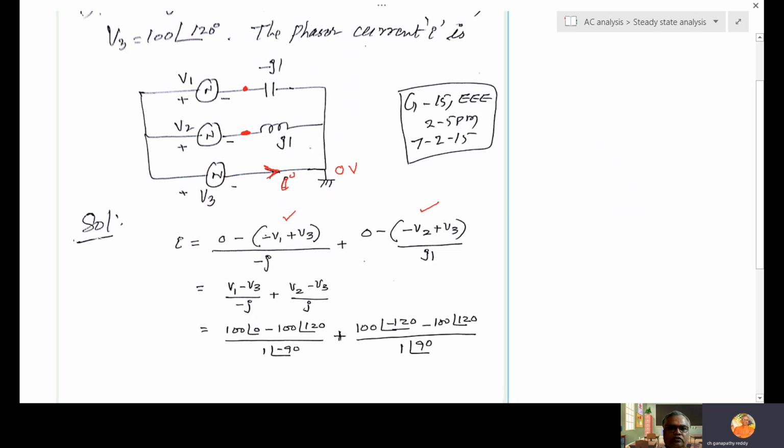So this current, you can take the sum of the currents entering as 0, then solve for I, whatever it is. This voltage is 0, this voltage also 0. What is this current?